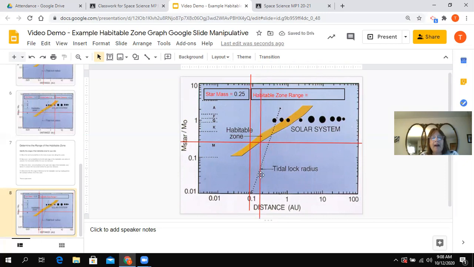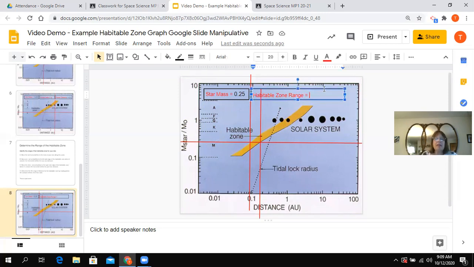And now I can just follow these vertical lines down to the scale and identify the range or the distance of the habitable zone for this star that has a mass of 0.25. So the hot edge is at 0.01, 0.02, 0.03, 0.04, 0.05, 0.06, 0.07, 0.08 and a half.